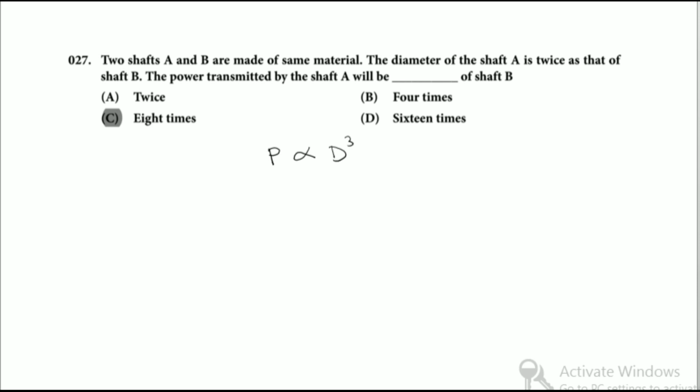Here the diameter of shaft A is twice that of shaft B. So if I write it as 2d cube, then it would be 2 raised to 3, so it would be 8 into d cube. So here you can easily relate that the power transmitted by shaft A will be 8 times that of shaft B. So the answer should be C.